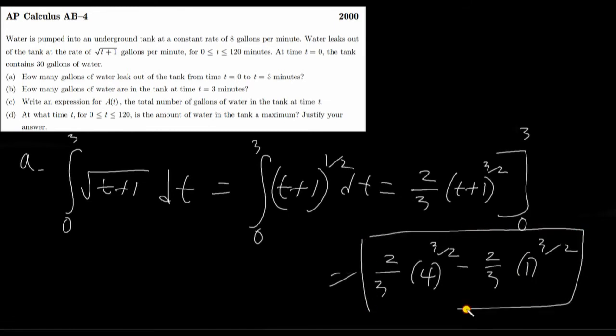Okay, and that's it for part A. This was a 3-point question. You get 1 point for the correct bounds of the integral, another point for the square root of t plus 1 part inside, and a 3rd point for a numerically correct answer.